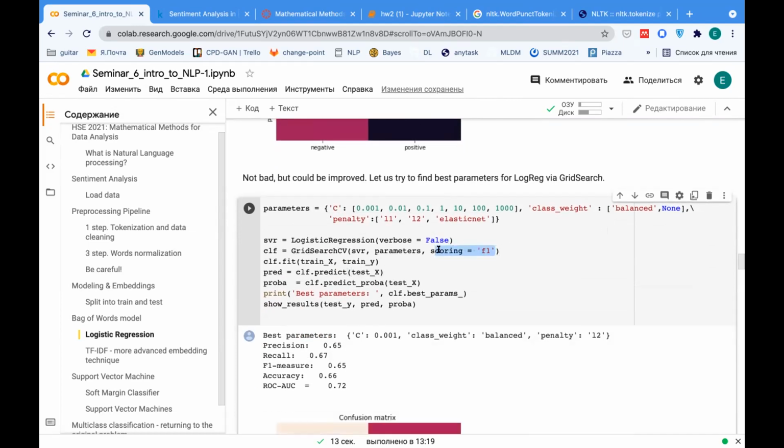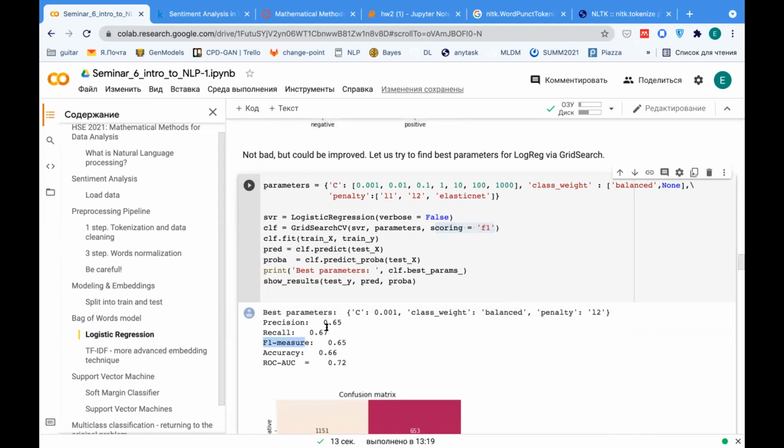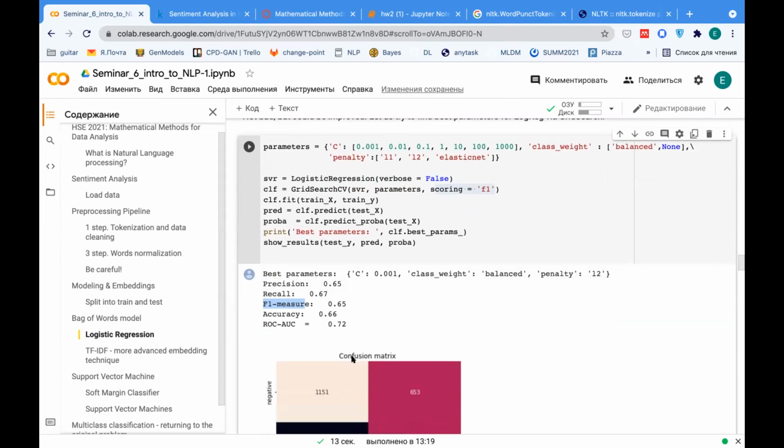Actually, it's better than just measuring precision or just recall, since the F1 measure can measure them both. It's a better metric for optimization, since it says more about our confusion matrix and about our results.